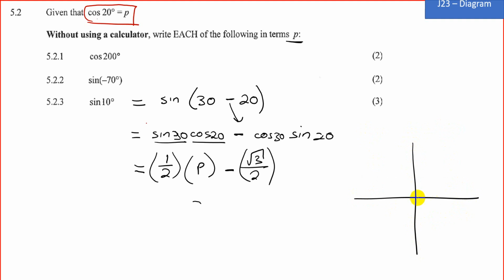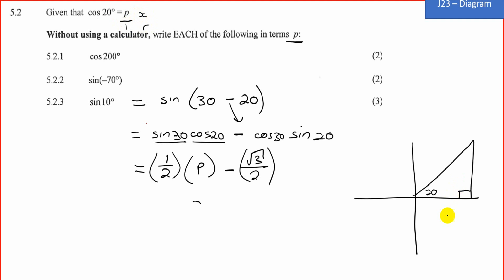We know the angle is 20, so that's definitely the first quadrant. There's our 20. Now they gave us that cos 20 is equal to P. We put P over 1, and by definition cos is x over r.